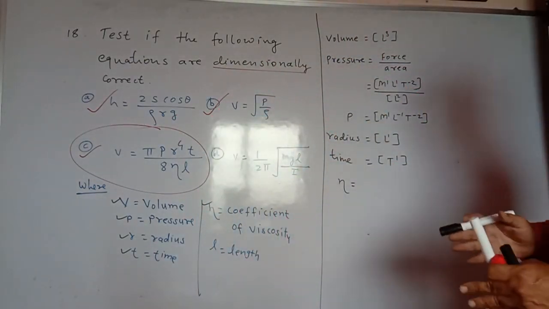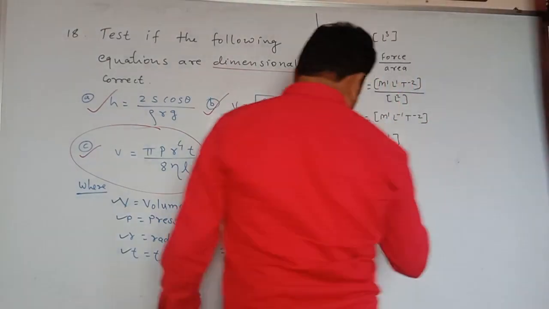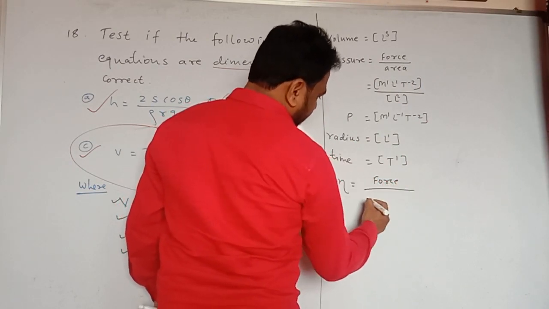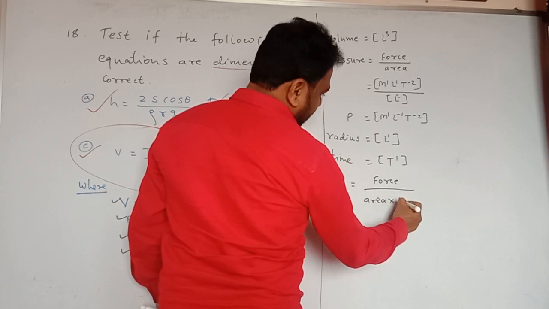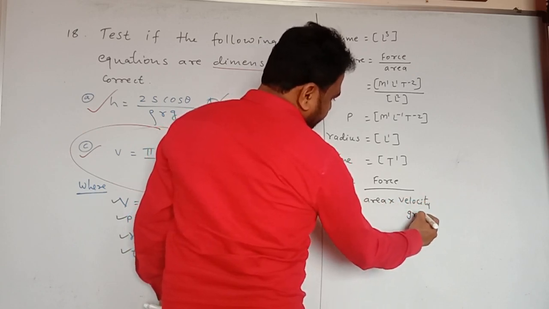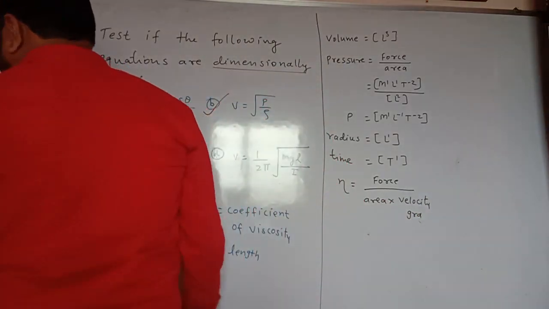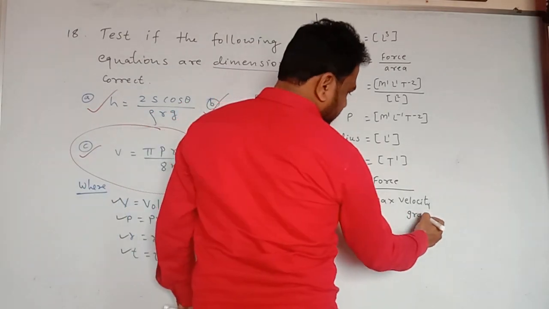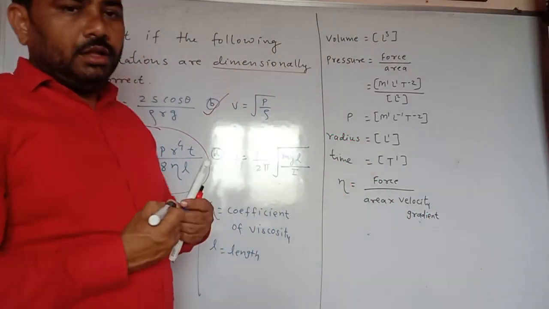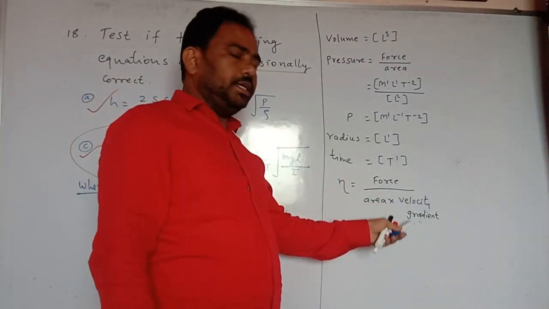The formula for coefficient of viscosity is eta is equal to force divided by area multiplied by velocity gradient. So this is the formula: force upon area into velocity gradient.